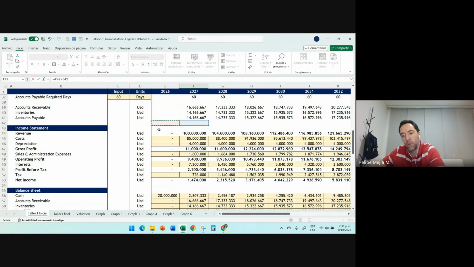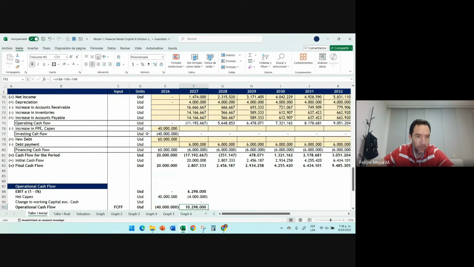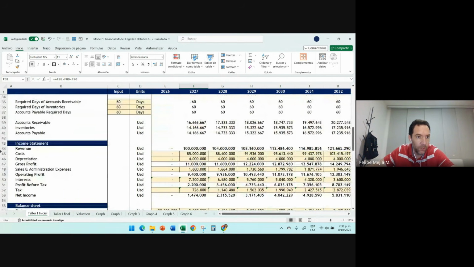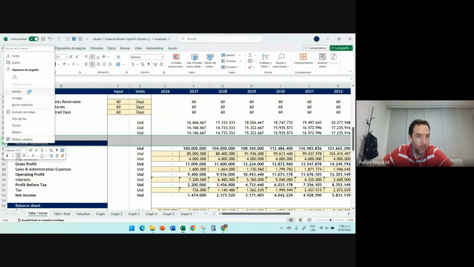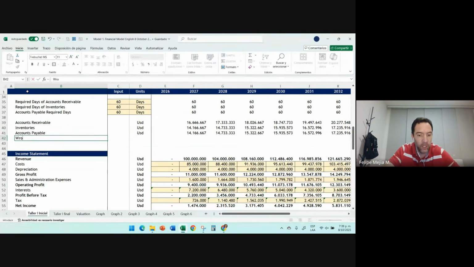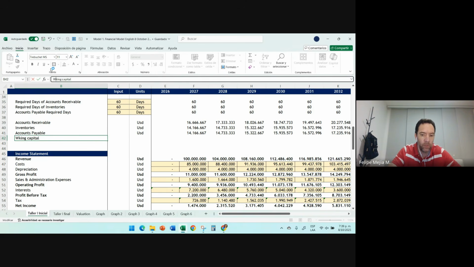Because the way working capital works is you take the current assets minus the current liabilities. So let us work our way into that. We need to first create the working capital, excluding cash, and then calculate the change in working capital, excluding cash, which are both different concepts.